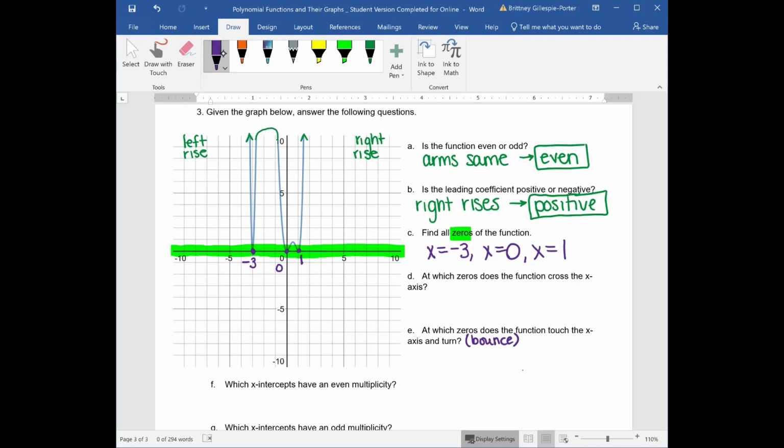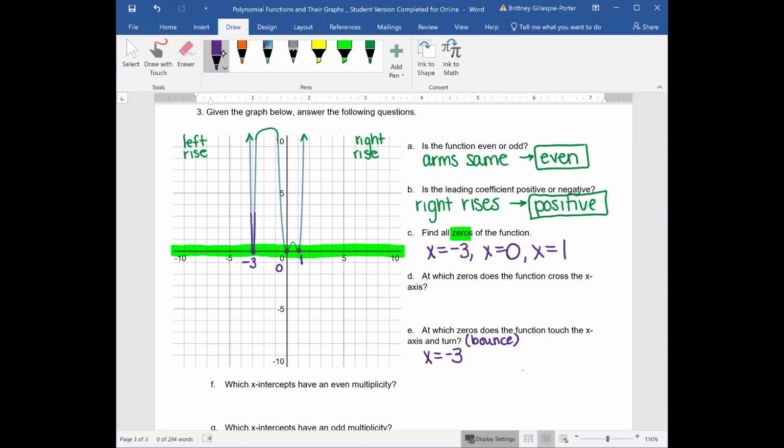If we look at our first zero, our graph comes down, hits -3, and turns right back around, which means that we are bouncing or touching and turning at x equal to -3.